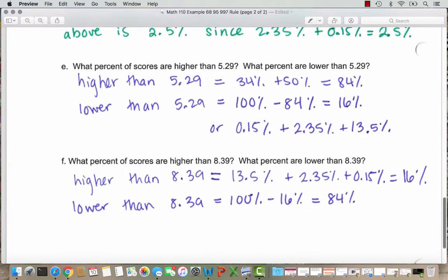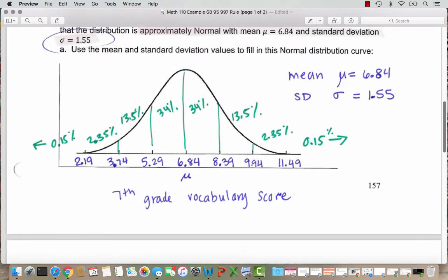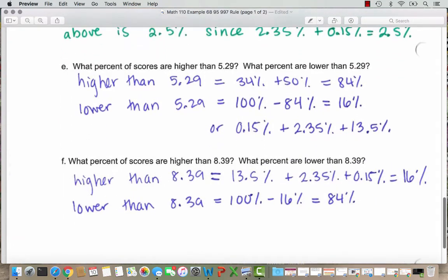Question F is a similar question. It asks what percent of scores are higher than 8.39 and what percent of scores are lower than 8.39. So this question asks us to look at the value 8.39 that's 1 standard deviation above the mean. So if we come to 8.39 here and we add up the areas that are above, we will add 13.5% plus 2.35% plus 0.15%, and those values total 16%.